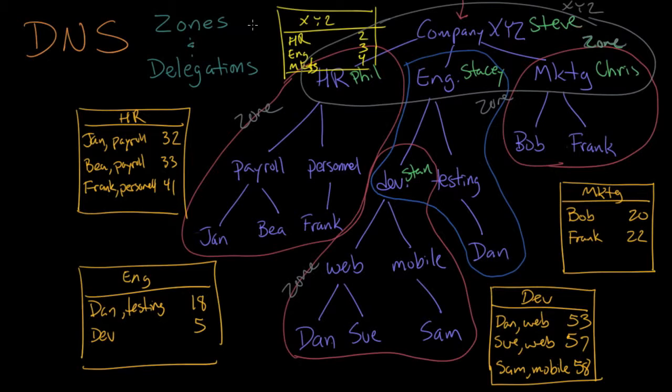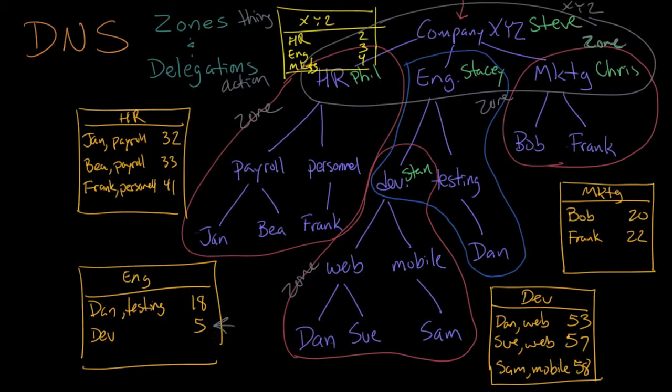So I guess you can say a zone is an organizational thing, and a delegation is an action. Each one of these zones has just a little bit of information in it, but they get connected together through connections like this one right here that says, to get from engineering to development, just call extension 5, and whoever answers will be able to route the call directly.